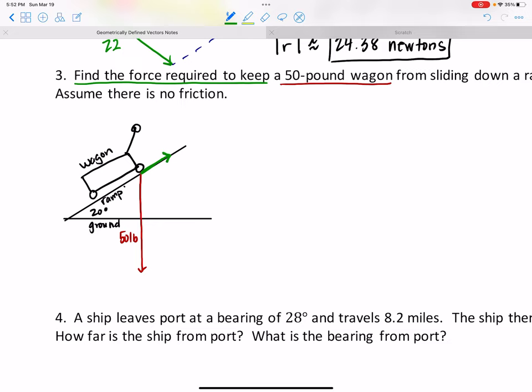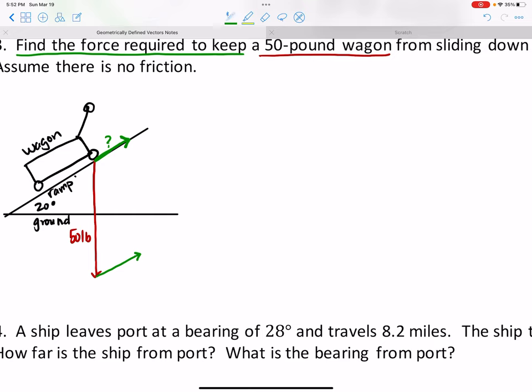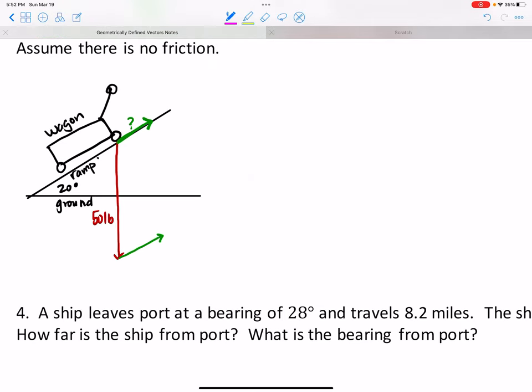Okay, so how am I going to figure out that amount of force? That's the real question, right? Now I'm just going to take this down here. Take that same amount that I'm trying to find. I'm going to bring it down here just because it's going to be a little bit easier for me to see it. And it'd be a little tricky about this, so once you see it done, you'll understand what I'm doing.